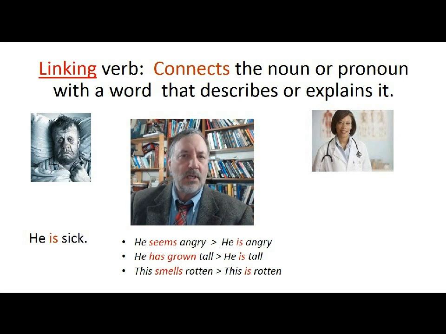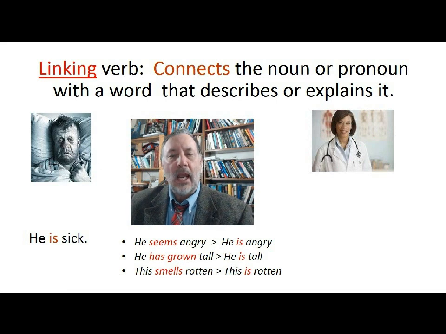There are other forms of the linking verb that we should just take note of, and these are words that you could substitute the verb to be in its various forms. I am, you are, he, she, or it is, we are, you are, they are.